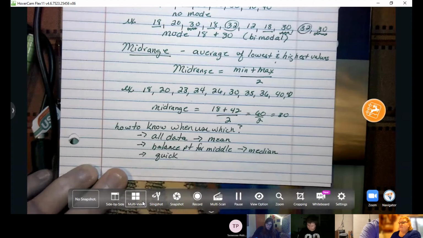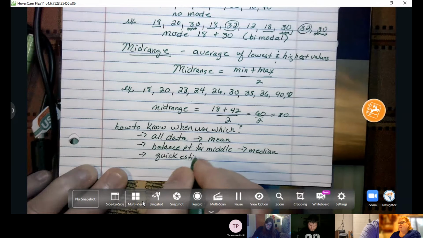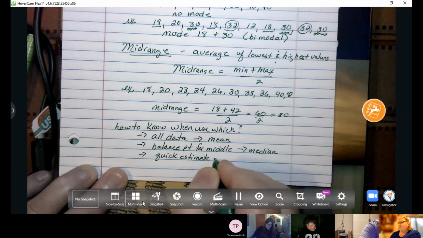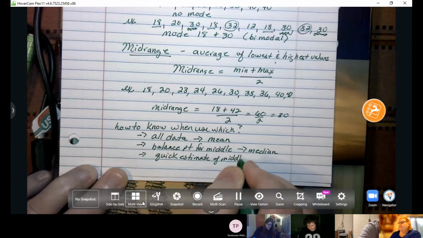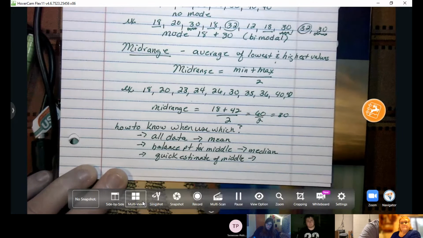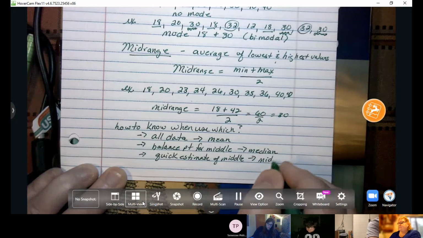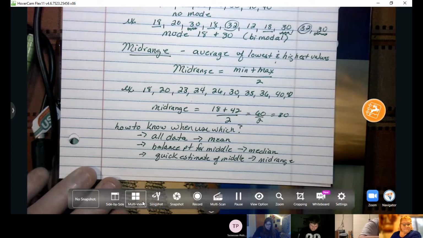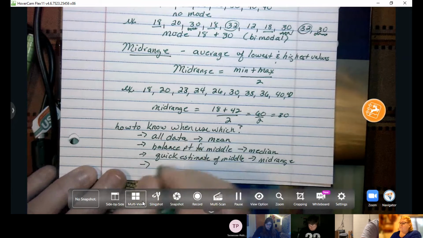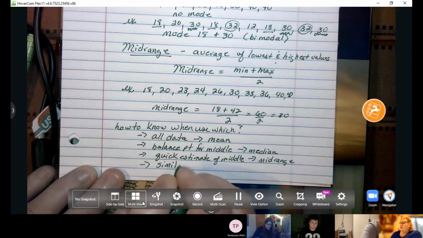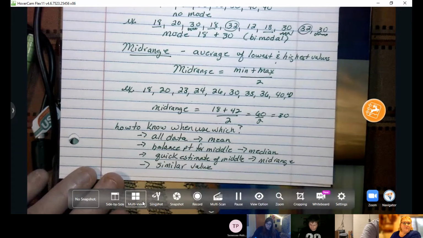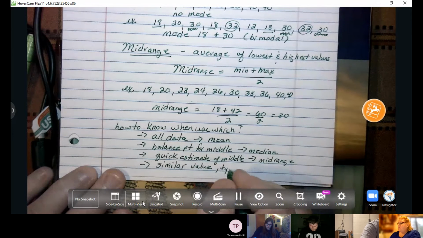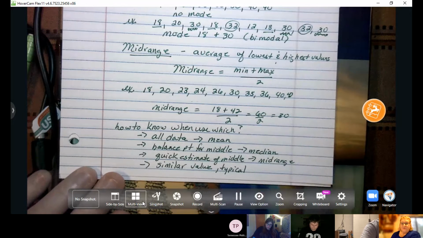Which one gives you a quick estimate of the middle? That would be the mid-range. If you were looking for similar values, what's typical of the values?